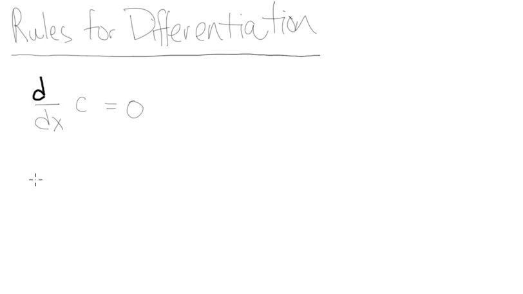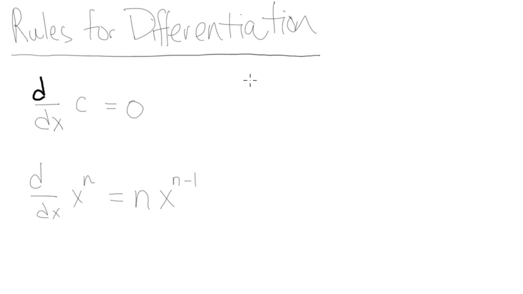If you have a function of the form x to the n power, the way that you take its derivative is by bringing the power down and turning it into a coefficient, and then subtracting 1 from the power.